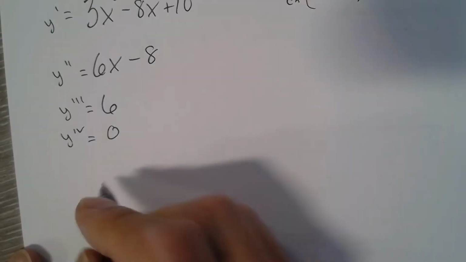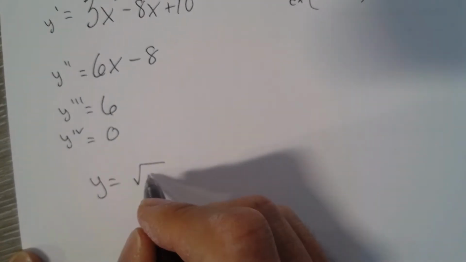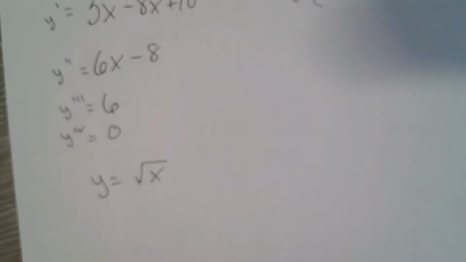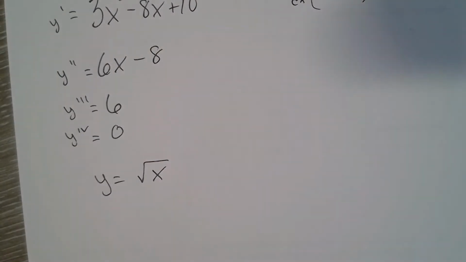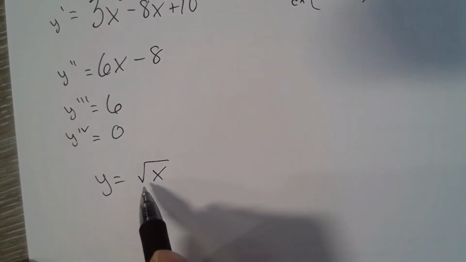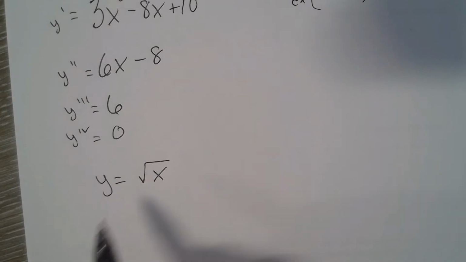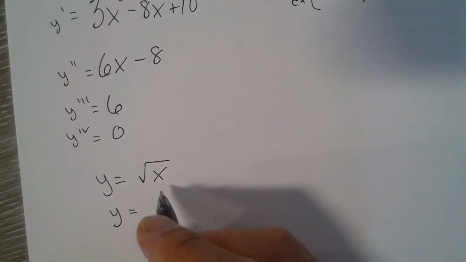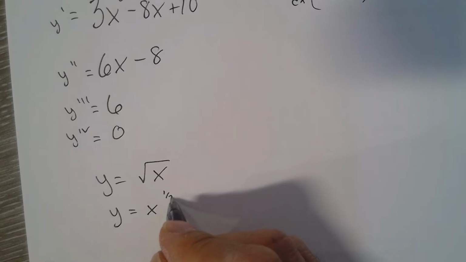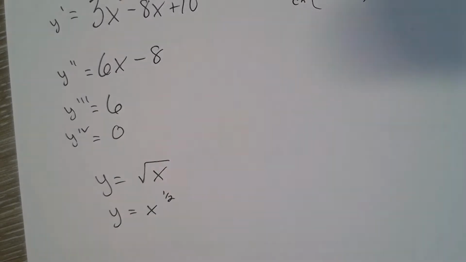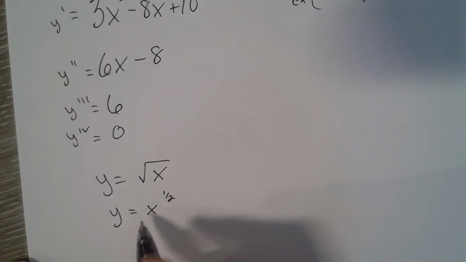So if I wanted to find the derivative of square root of x, you can use the power rule. But you have to change the way it looks. Square root of x in exponent form is x to the 1/2. So now I can find the derivative by dropping down the 1/2.